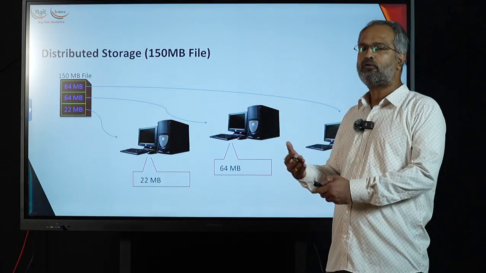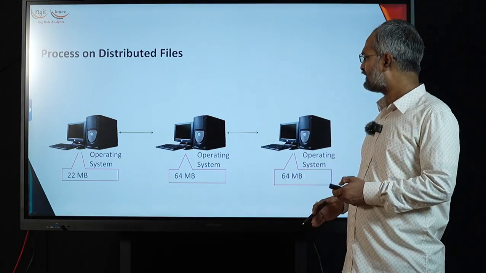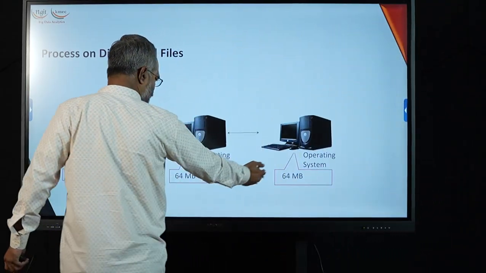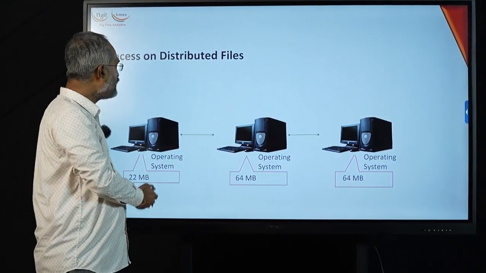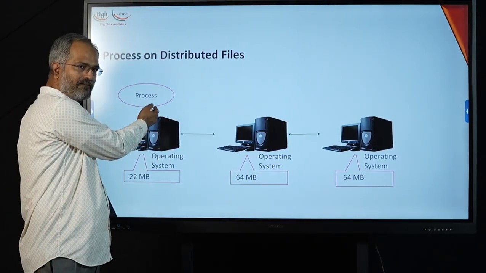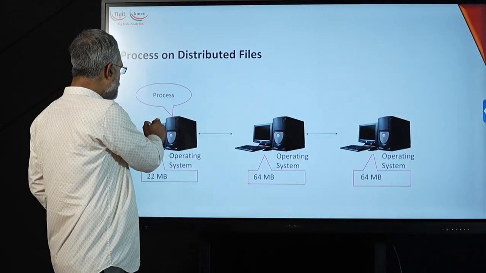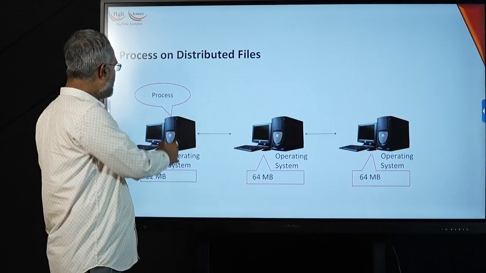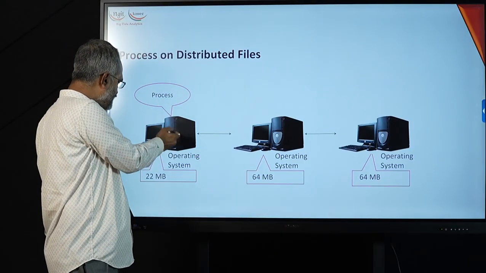And now we are going to the distributed processing in brief. Even if you have distributed the data into various systems, we still have a problem, that is the process. Generally, if you start a process, it will be initiated in one machine only. Let us say, for example, the initiated process is in this machine.